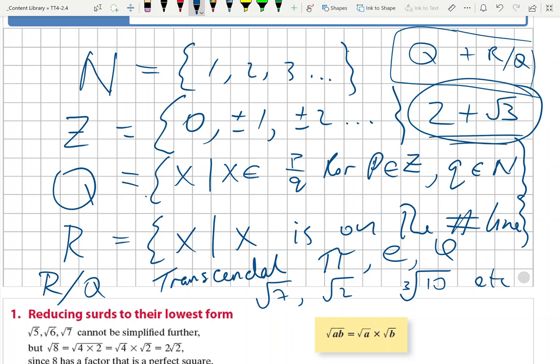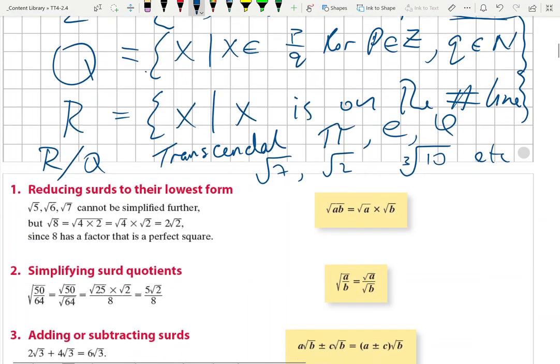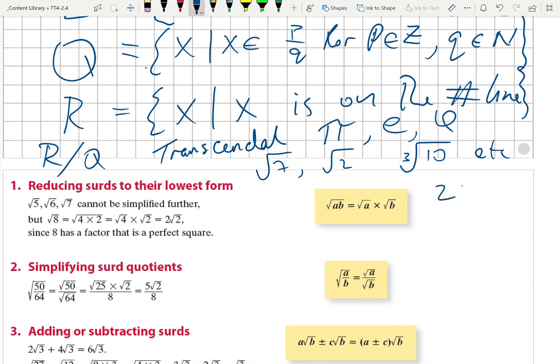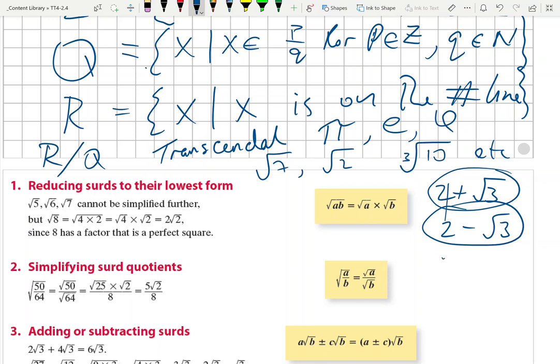And in particular, when we solve quadratics, compound surds come in conjugate forms. So this will be conjugate with this. Their product will be rational, and their sum will be rational.